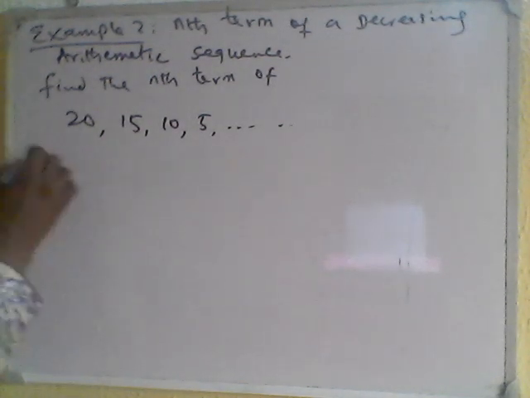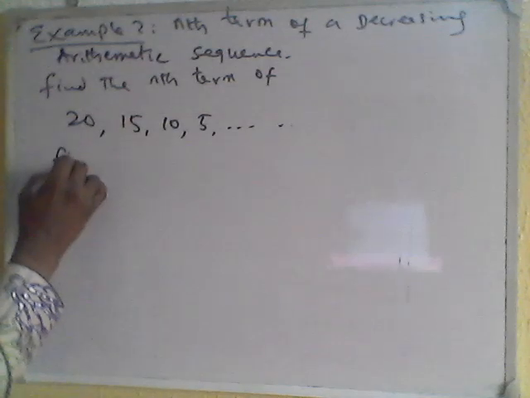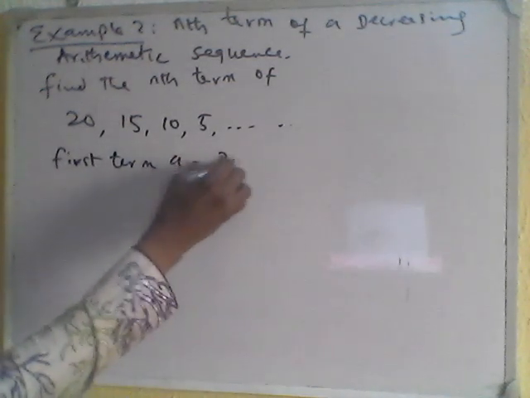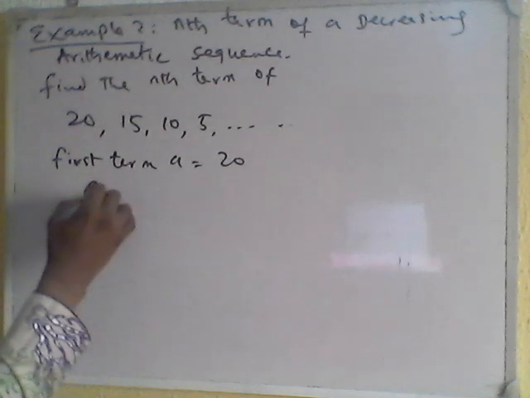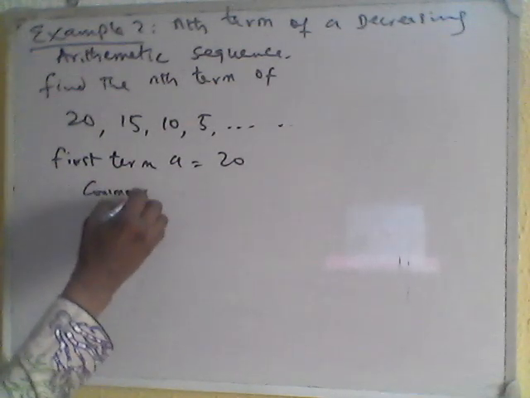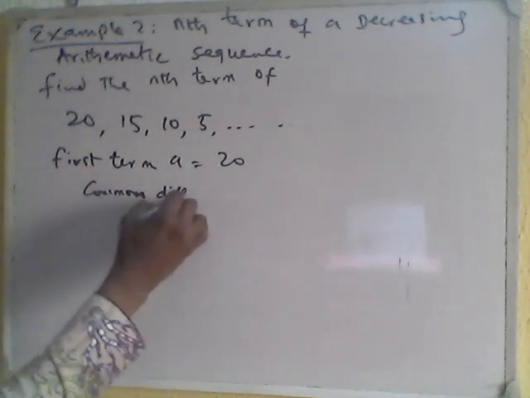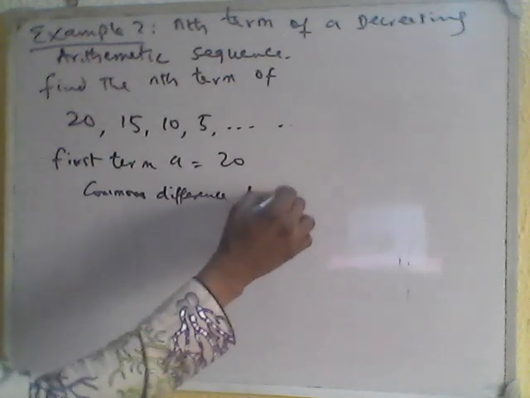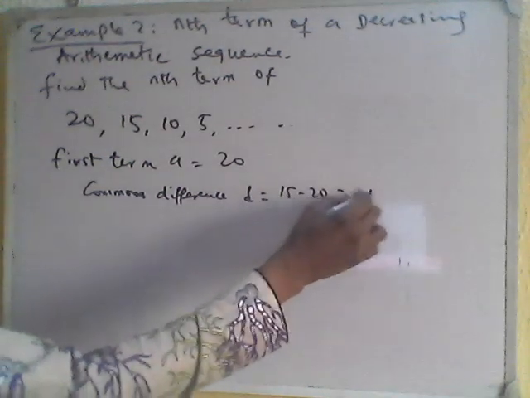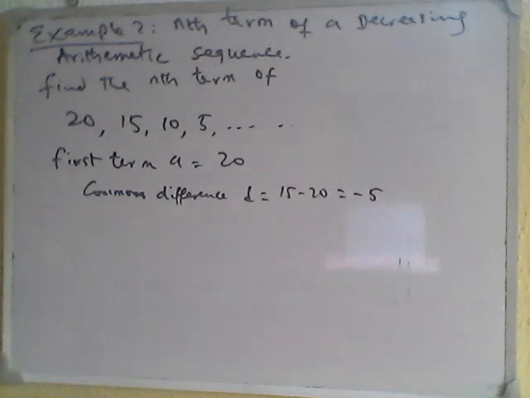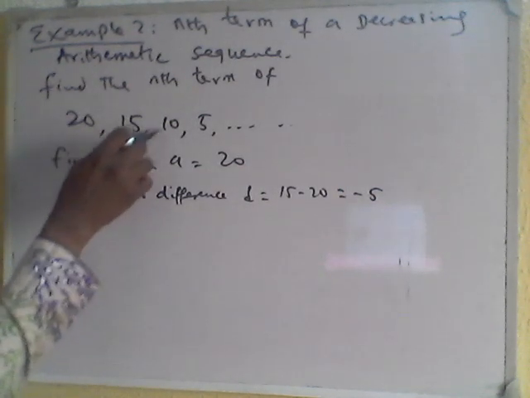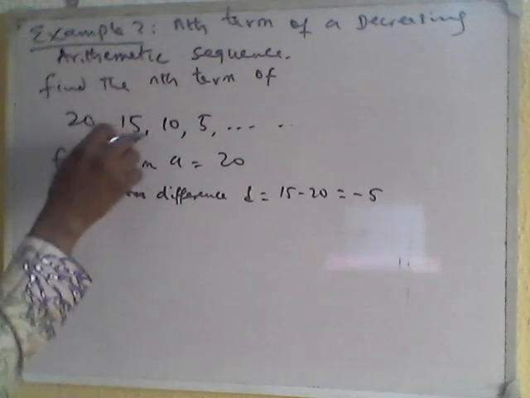Okay, so for this one, the first term, which is a, is equal to 20. Common difference, which is d, is equal to 15 minus 20, which will give us minus 5. Anyhow you want to see it, if you want to say 10 minus 15, just do the difference between two consecutive terms.